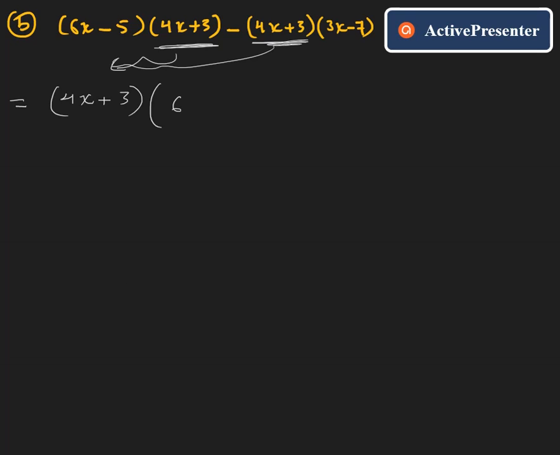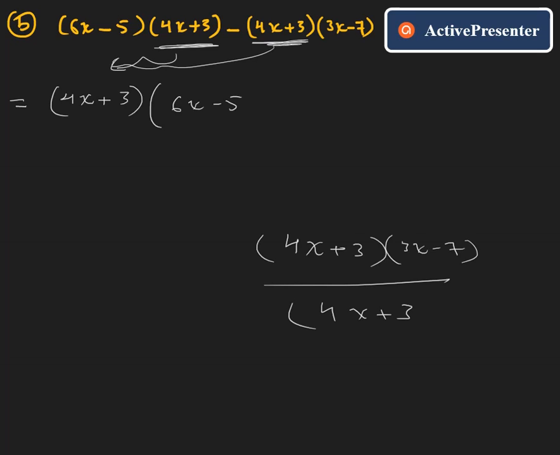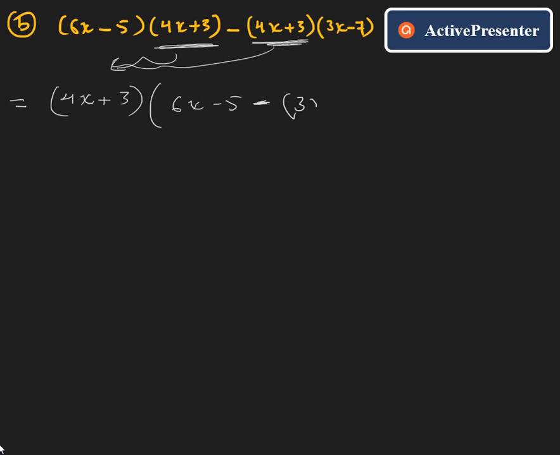Also, when you divide (4x plus 3) multiplied by (3x minus 7) by 4x plus 3, this will eliminate this. So we will be left with 3x minus 7. Here we will have minus, open, 3x minus 7, and close parenthesis.